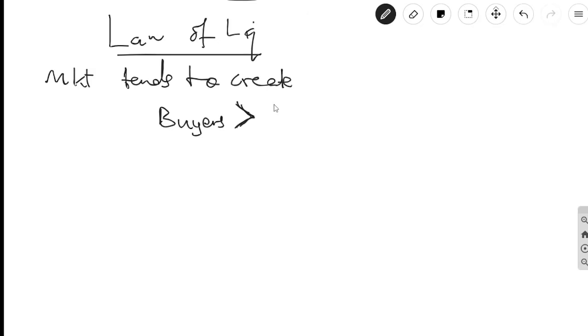So the market tends to create more buyers in order to sell, and also it creates more sellers in order to buy.